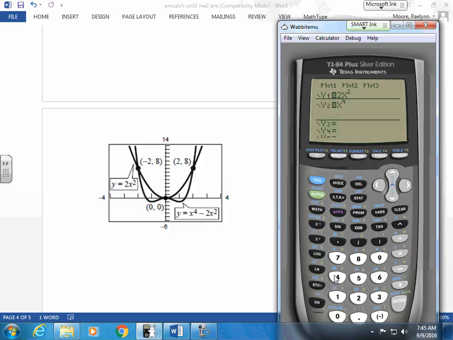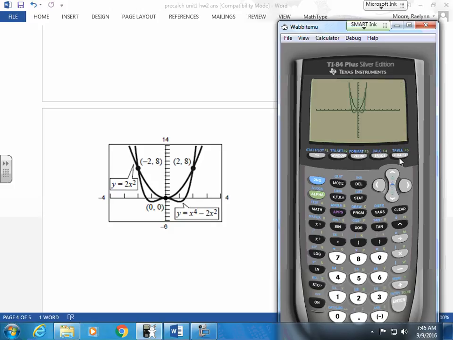It gives us a W. We're going to be working a lot with these. Okay, and graph it. There's your parabola, that's the squared one. And there's your x to the 4th power.